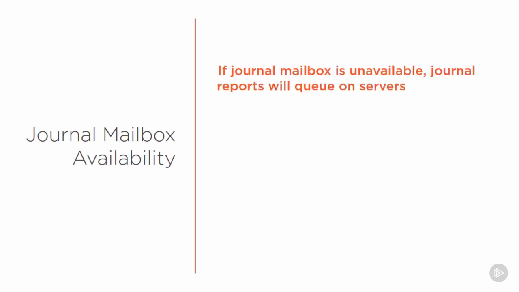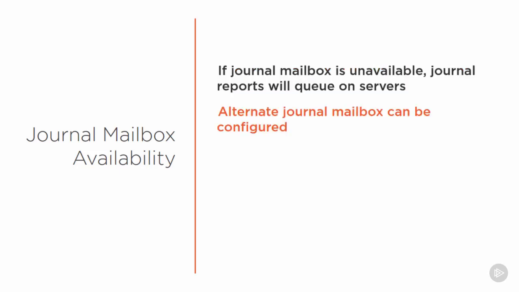If for some reason the journal mailbox becomes unavailable, the journal reports will start to queue on the Exchange 2016 mailbox servers. Again, if it's a high volume environment, those queues could build up very, very quickly and start to cause a problem. There is an option to set an alternative journal mailbox for the organization.